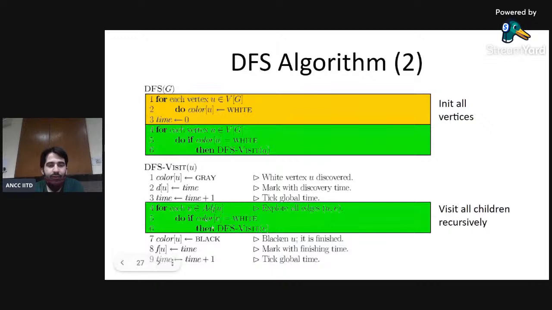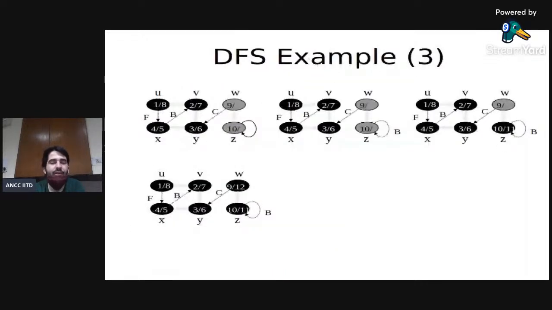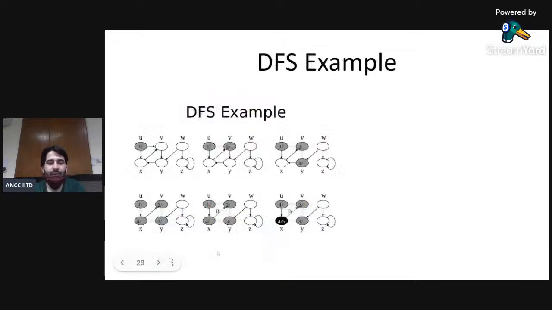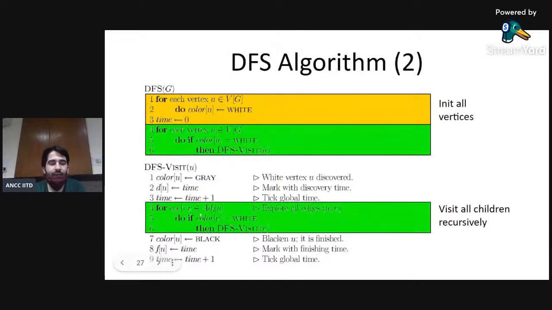So the total time taken inside the loop, excluding the time taken for the DFS visit of V, will be order of degree. These are O of 1 operations: we mark it as gray, we set the time, we increment the timer, we mark it as black, we set the finish time, we increment the timer. So after we are done with all this, we have spent our order of degree time.